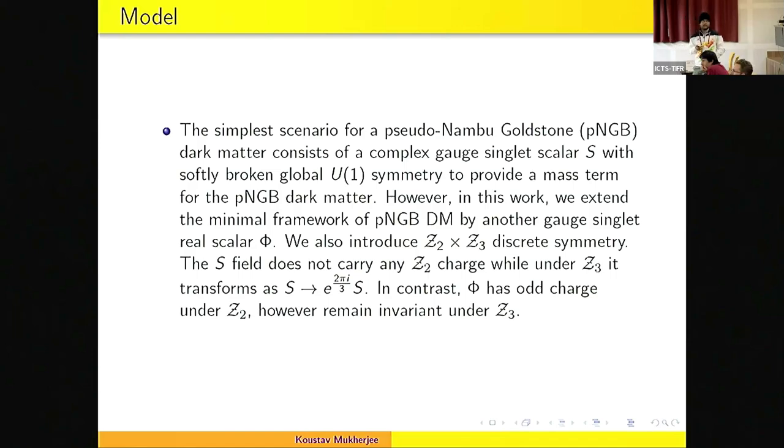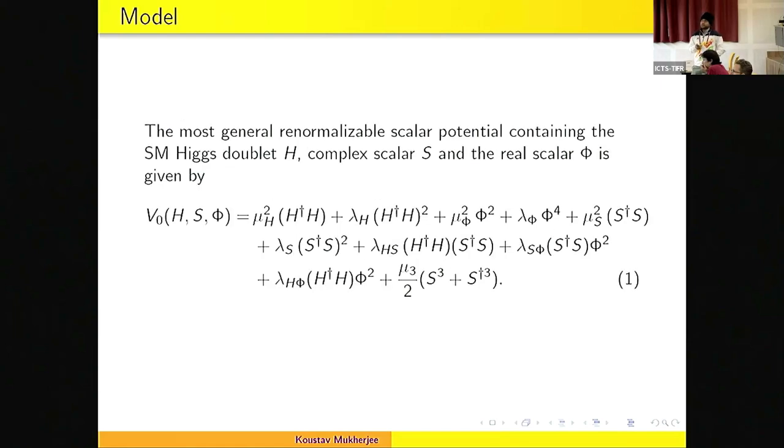However, it is invariant under the Z3 symmetry. This is the structure of the tree level potential, where we have considered all the Z3 symmetric terms, and this mu3 will play a crucial role in determining both the DM phenomenology and the strong first order phase transition.